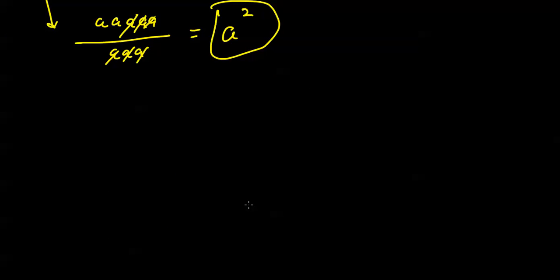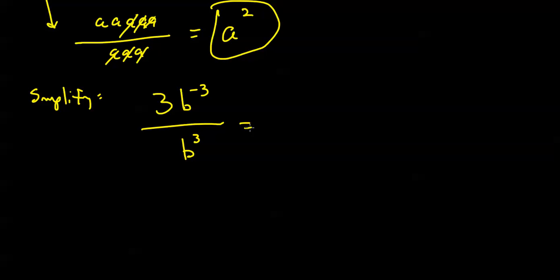Let's try something a little more interesting. Simplify 3 times b to the minus 3 power divided by b cubed. Now again, that 3 times operation is isolated from the exponent operation, so what I'm going to do is rewrite it like this. In other words, the 3 has to stay in the numerator.